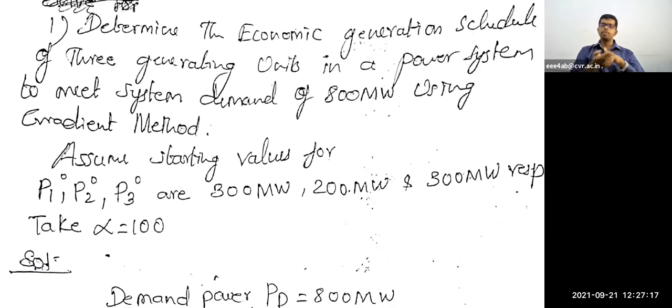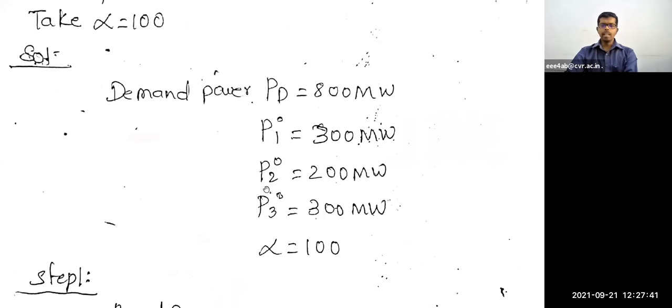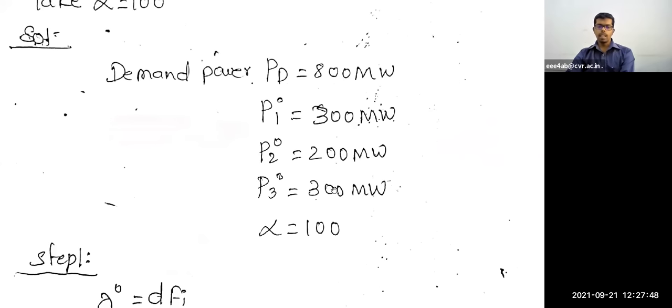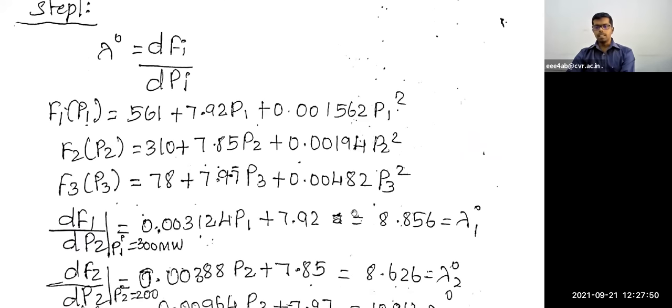And in some other problems, for the convergence value, take the convergence value as 0.1 or 0.01. Like that, the convergence value might be given in the problem. So with that convergence value, you can easily solve this particular problem. Or otherwise, you can assume certain values and further proceed with this problem.